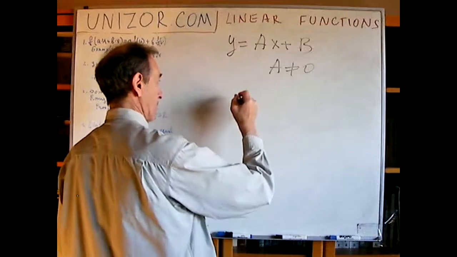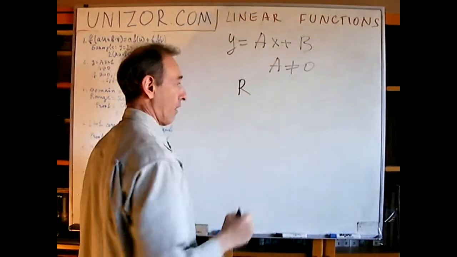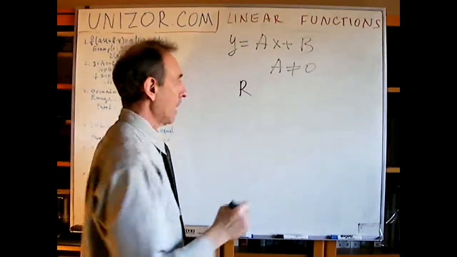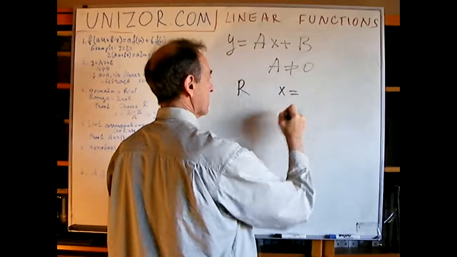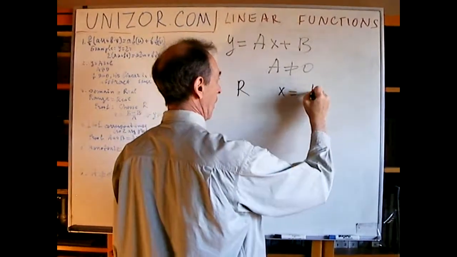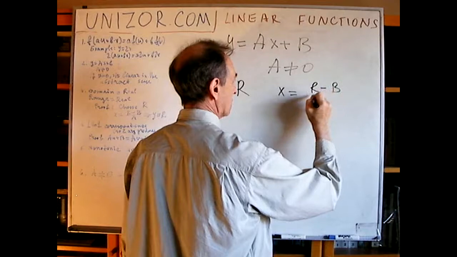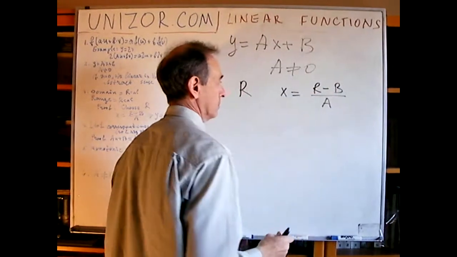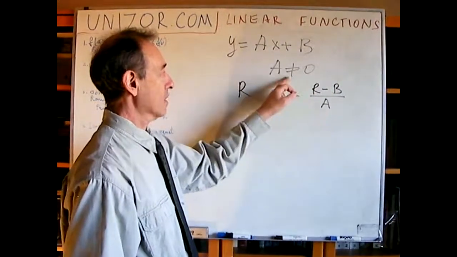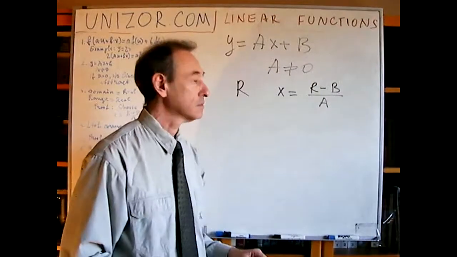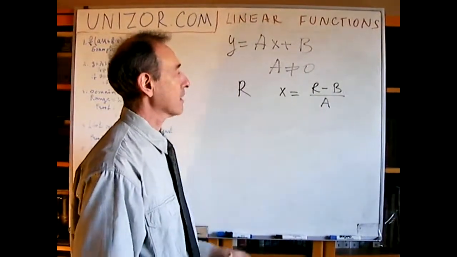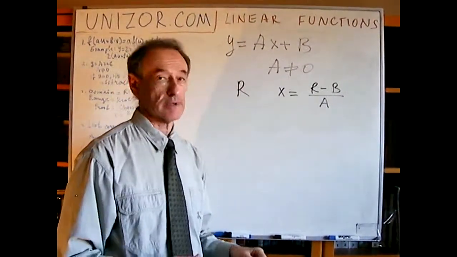Well, let's just think about it this way. Let's take any real number r, and let's assume that x is equal to r minus b divided by a. By the way, this is one of the reasons why a should not be equal to 0, because otherwise I cannot really construct this.